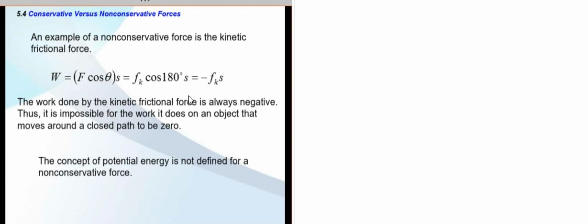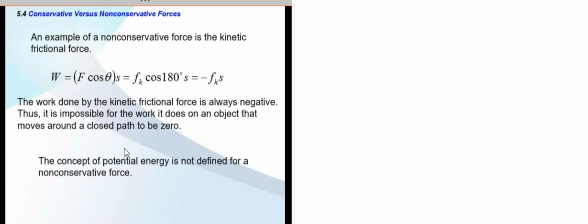So it is always going to the opposite side. That is why it is at 180 degrees to the motion. And cosine 180 degrees is negative 1. Okay? Cosine 0 is 1, but cosine 180 degrees is negative 1. That is why W will just be equal to negative Fk, or the kinetic friction, times the displacement. So the work done by the kinetic frictional force is always negative.